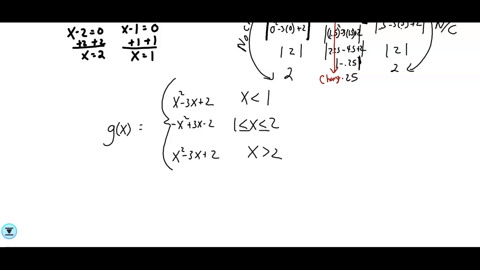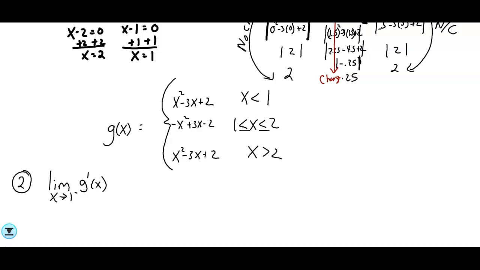So now that we've done that, I'm going to ask you guys a few other questions here. So let's go ahead and do number 2. I'm going to ask you guys to find the following expression. I want you guys to find the slope, g prime of x, from the left of 1.